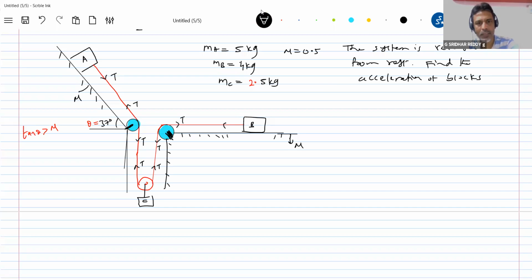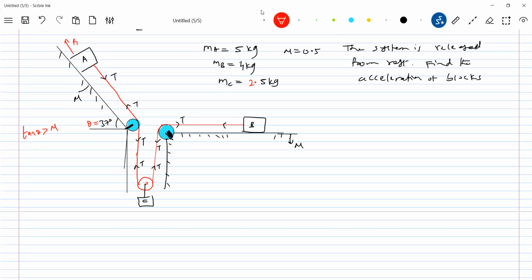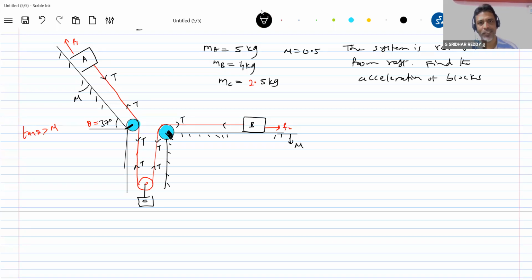But the best way is to just get into the problem. The friction here, let it be F1. Is there a chance of the tension being 0? Solve it. If you get 0, okay. But just by seeing, we can't say anything here. I'll take another diagram.